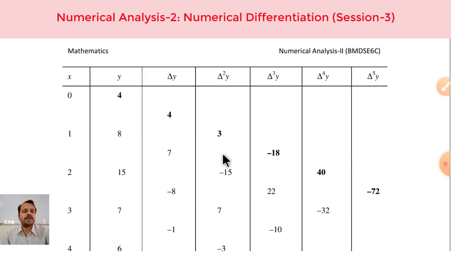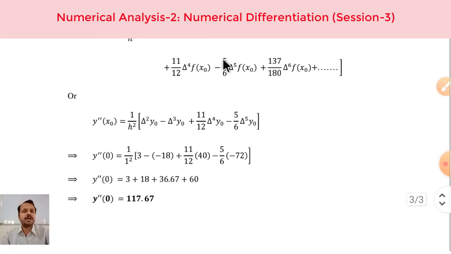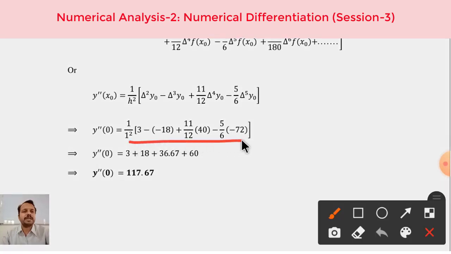And by substituting these values in the formula, it becomes something like this. So these are the values which we have written from the difference table, and now it is the time to simplify.